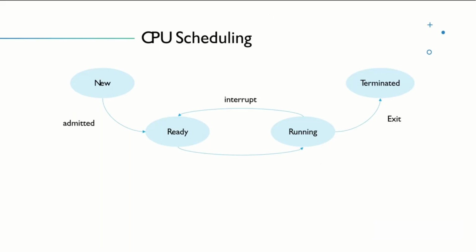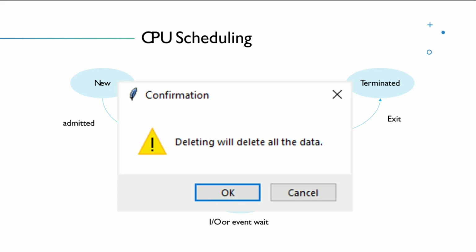Another example is a task moving from the running state into the waiting state. Usually this happens if it's waiting for user input or output. As an example, let's say you're trying to delete an item and you've clicked on delete, then you receive a text box that says deleting will delete all the data. So your selection of delete will permanently delete all of the data, and you've got two options, OK and cancel. So this is user input.